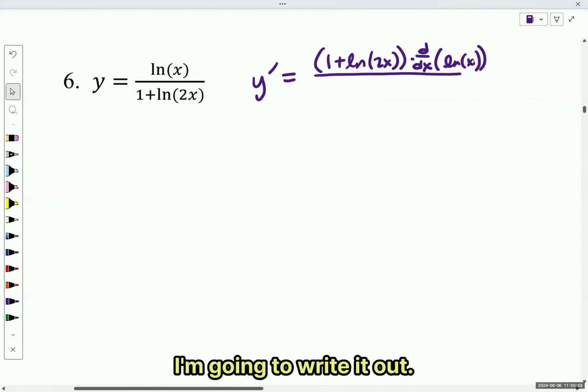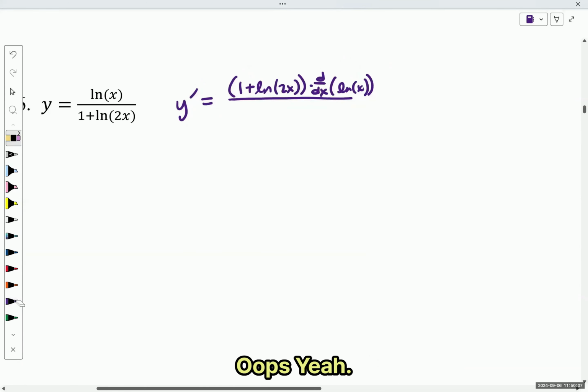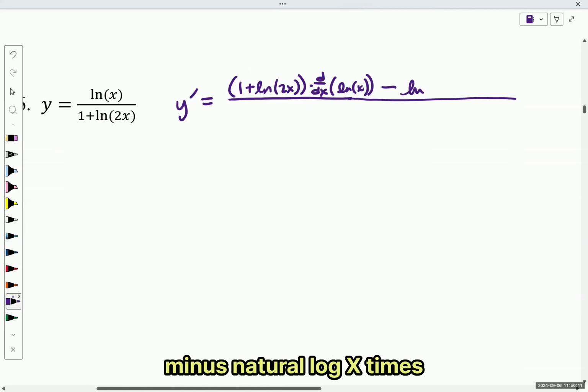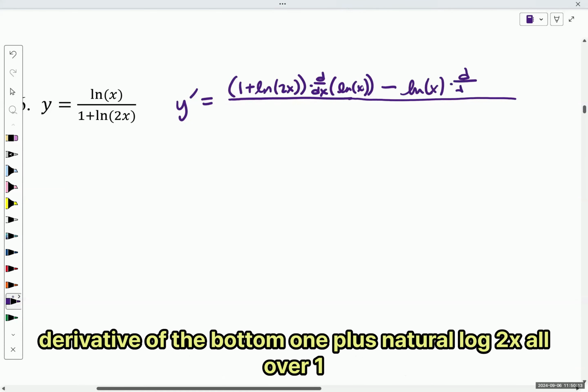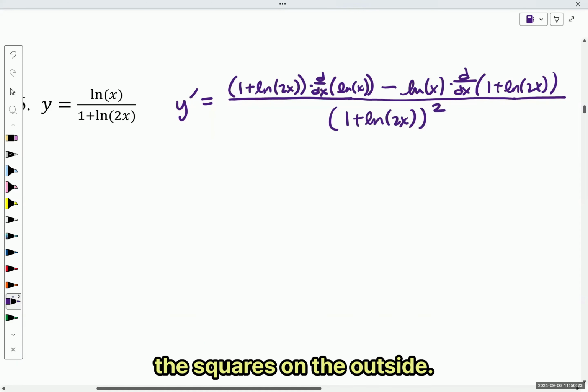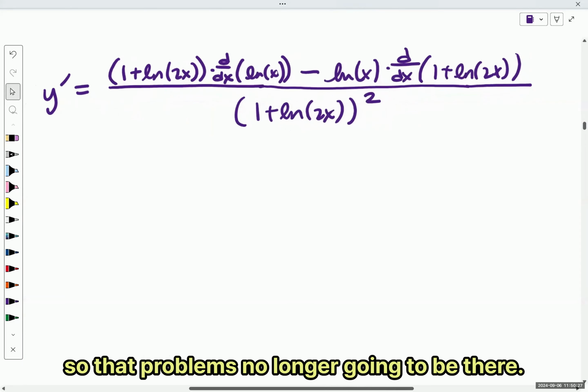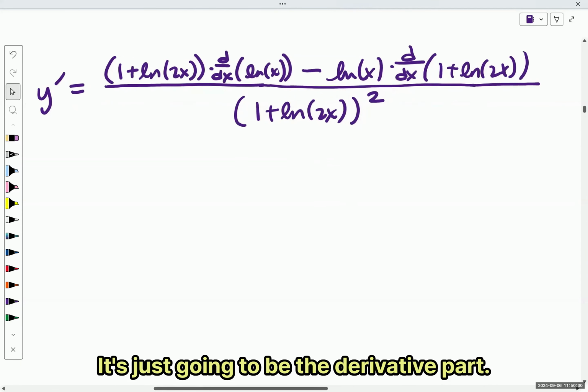I'm going to write it out. We'll just write it all out. Minus natural log x times derivative of the bottom, 1 plus natural log 2x, all over 1 plus natural log 2x squared. Make sure the square is on the outside. And I'm going to scoot this over so that problem's no longer going to be there. It's just going to be the derivative part.